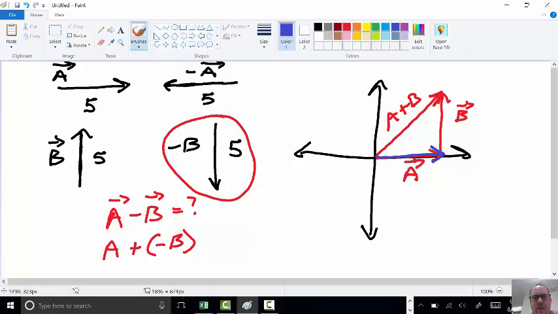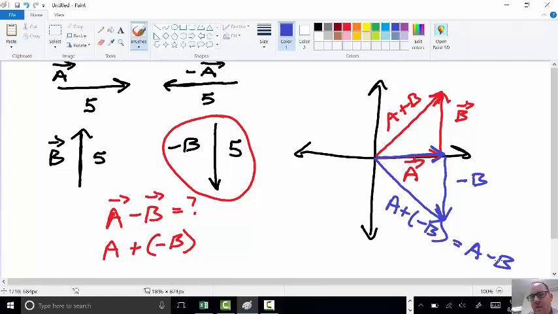And now you're going to add negative B. So negative B is like this. We're adding it to A, and you end up with this. So that is A plus negative B, which is equal to A minus B.